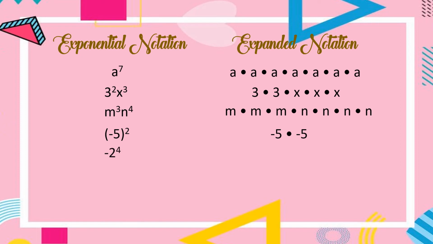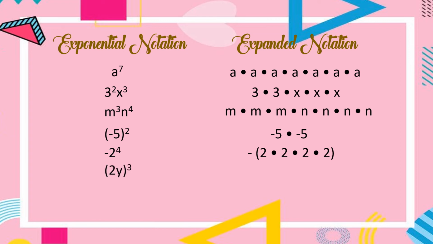We have negative 2 to the fourth power. Sa example natin this time, hindi naka-parenthesis si negative 2. So, ibig sabihin, ang meron lang exponent ay si 2. So, we have the negative sign, then open and close parenthesis, 2 times 2 times 2 times 2. Okay, tingnan maigi yung pagkakaiba ng dalawa.